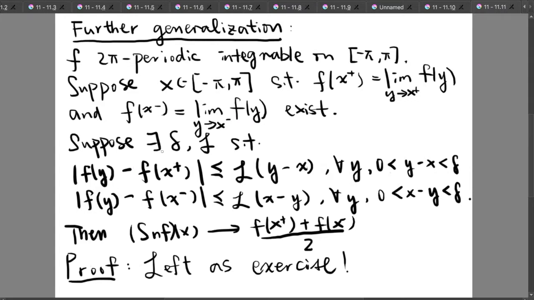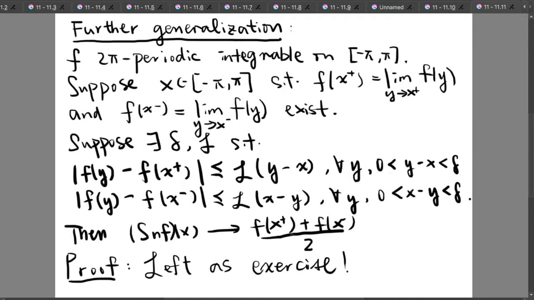And we suppose that there exist delta and L such that the absolute value of f(y) minus f(x+) is smaller than or equal to L times (y minus x) for all y which satisfy 0 smaller than y minus x smaller than delta. And another inequality is that the absolute value of f(y) minus f(x−) should be smaller than or equal to L times (x minus y) for all y which satisfy 0 smaller than x minus y smaller than delta. Then we know that the Fourier series of f at x will tend to the average of the left hand and the right hand limits.